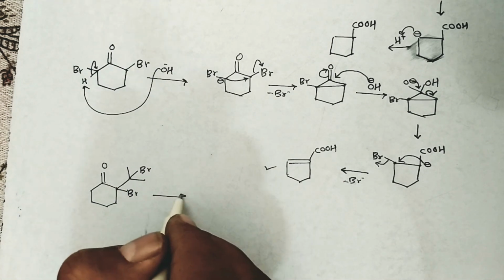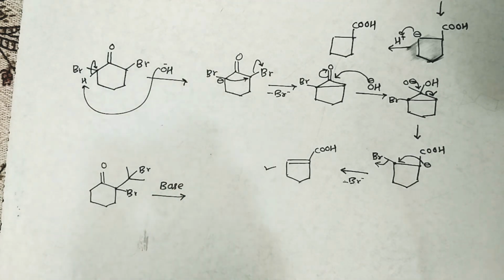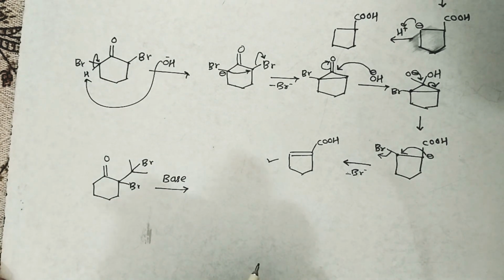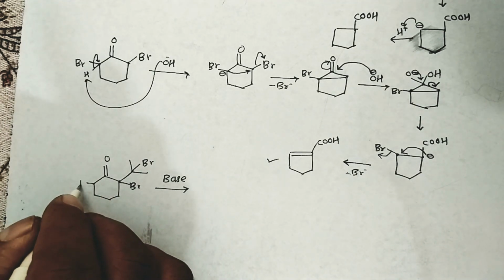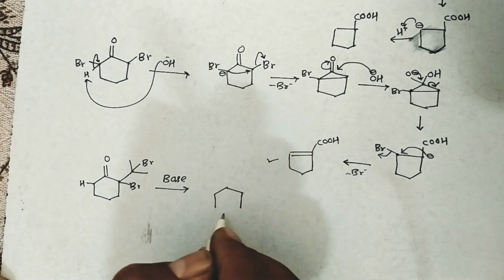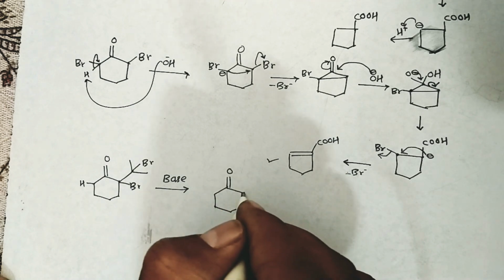Again in basic medium, what will be the product of reaction? Now if you draw the mechanism of this reaction, you can see now the alpha hydrogen can be removed by the base and you will get such type of structure.